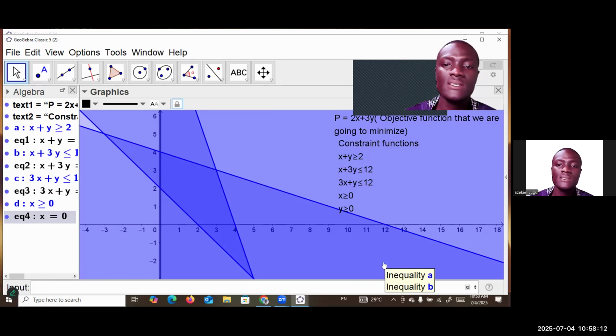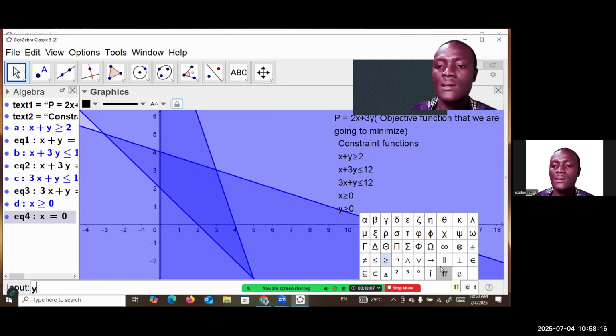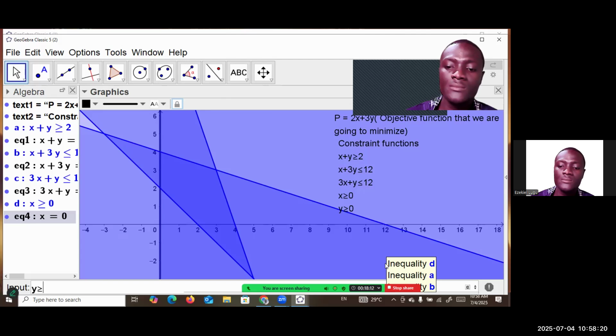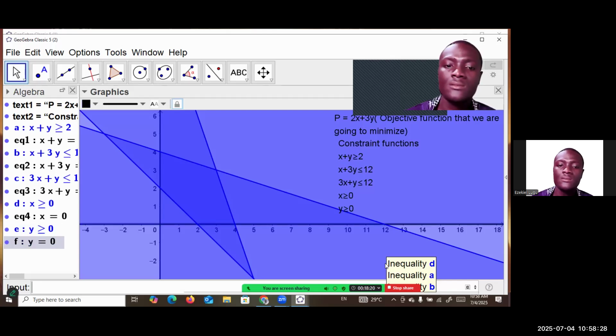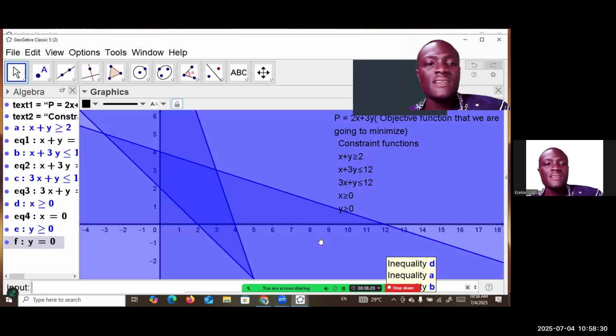The next equation is y greater than or equal to 0. Then it will be shown, then plot the corresponding line y equal to 0. So you can see everything here.